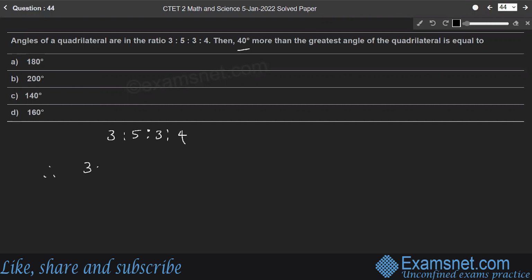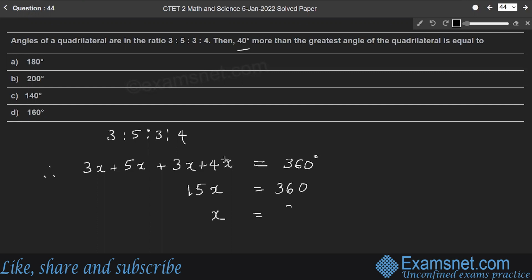Therefore, 3x plus 5x plus 3x plus 4x in a quadrilateral is equal to 360°. Sum of the interior angles in a quadrilateral is equal to 360°. Therefore, it is 8x plus 3x, 11x plus 4x, 15x is equal to 360°.